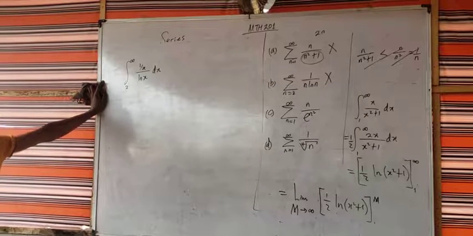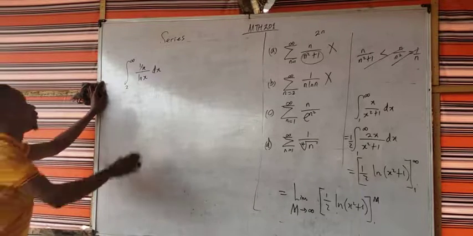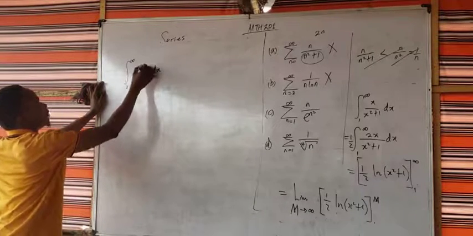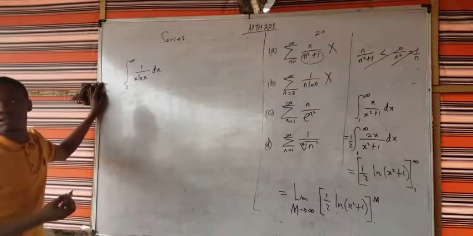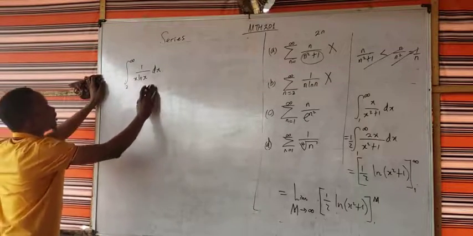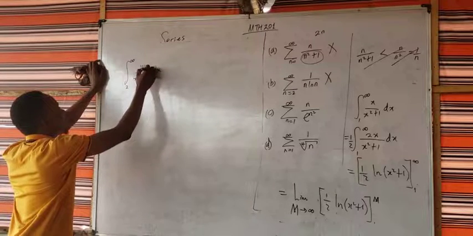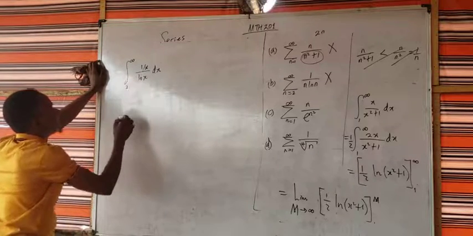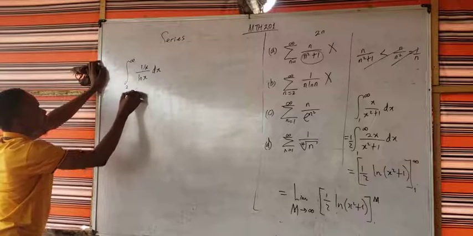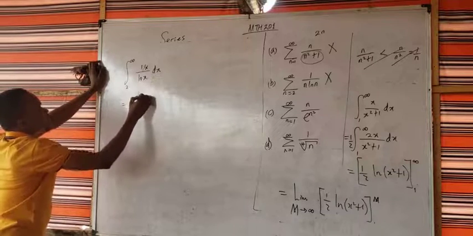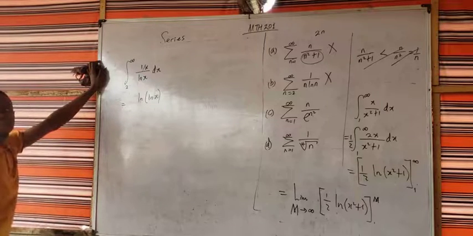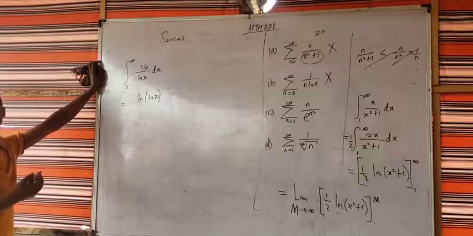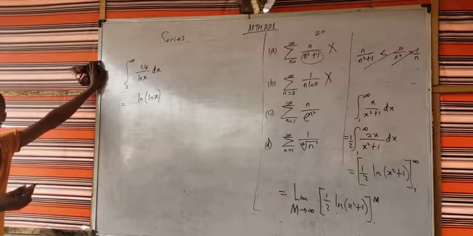So why are we using 1 over x? It's the same thing as 1 over x ln x. Did you get that? So we could just put this there. So the integral of this is going to be ln of ln x. Do you understand that?